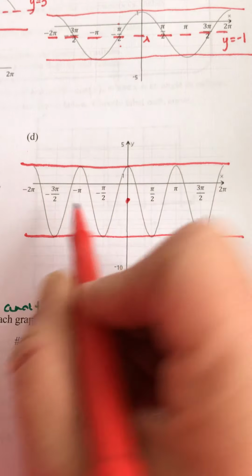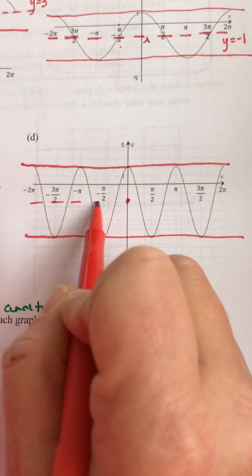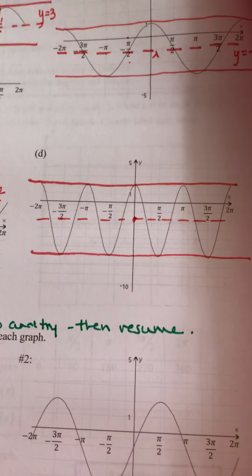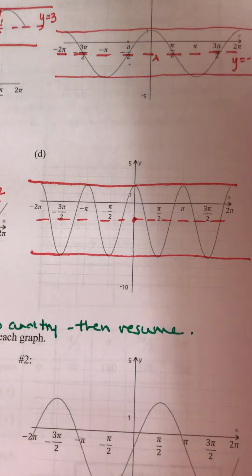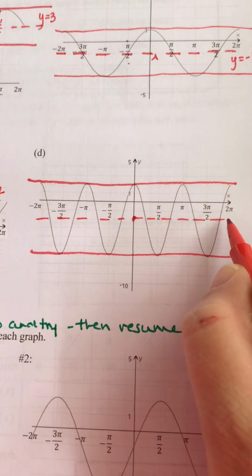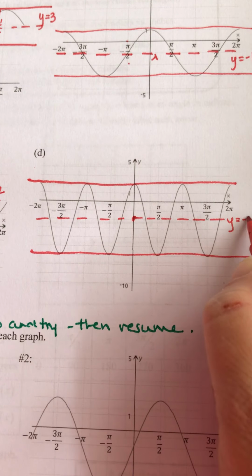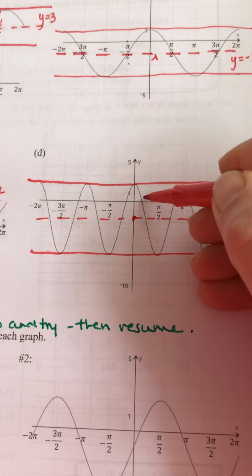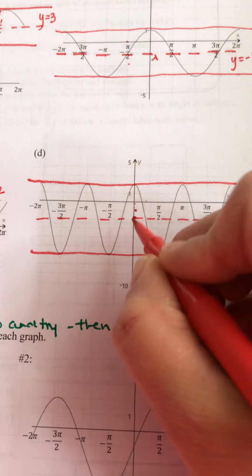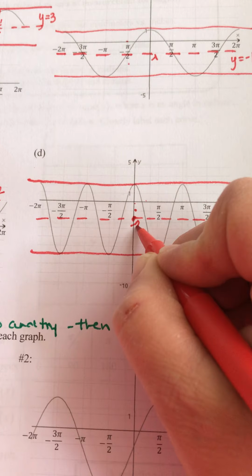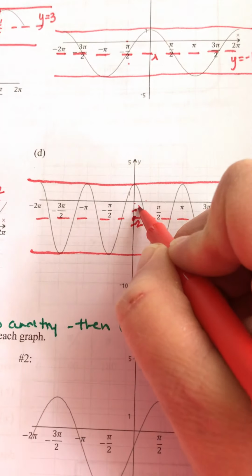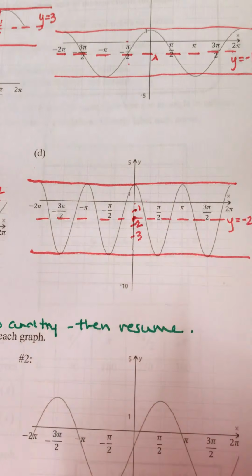Okay, so that dotted line is halfway between the top and the bottom, and it has a value of -2. Where did I get the -2? This is my x-axis right there, and I went down 1, 2 units, so the y value at that point is -2. Because -1 is right here, -3, and so on.